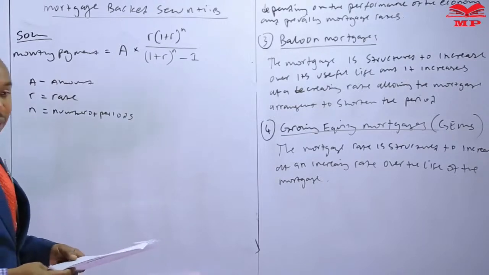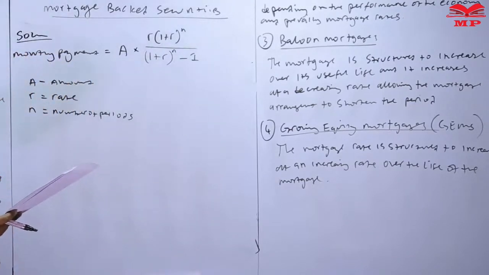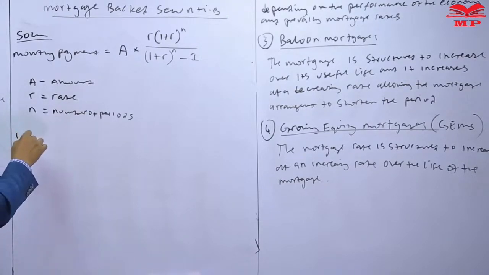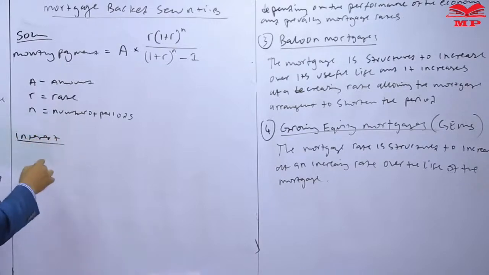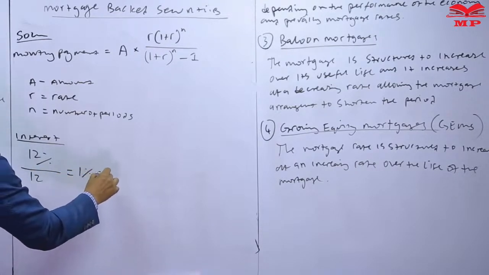However, the interest that is expected to be paid per month: you've been given a rate of 12%, but this is annual, so we need to divide by 12 months. So we're saying it's 1% per month.